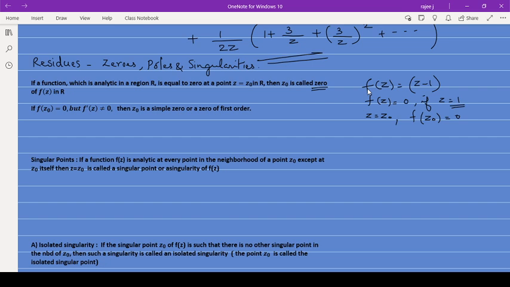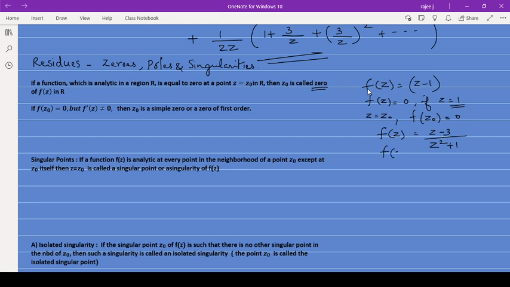That means when you have a function, the value of z for which this f(z) is 0, that point we call the zero of that function. Now suppose f(z) is equal to (z - 3) divided by (z squared + 1). Then f(z) will become 0 if z equals 3, if the numerator equals 0.